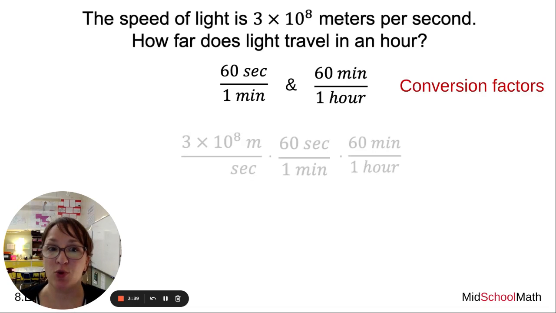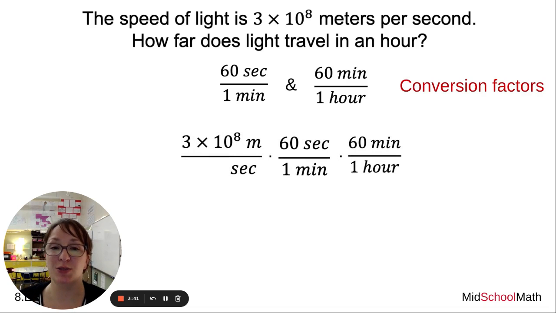Now, when you're setting up your problem, what you want to do is make sure that wherever you start your first problem, so I've got 3 times 10 to the 8th meters per second, I'm moving that second unit to the bottom, because now when I multiply my conversion factor, I want to make sure that I set up that fraction with seconds, the matching unit, opposite.